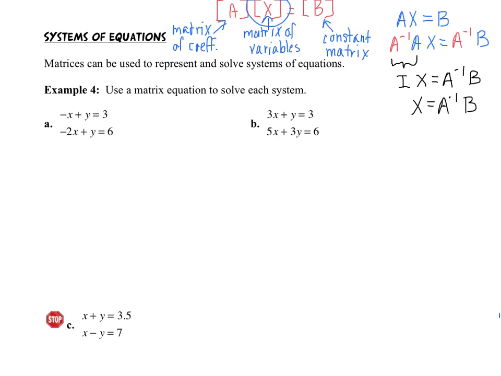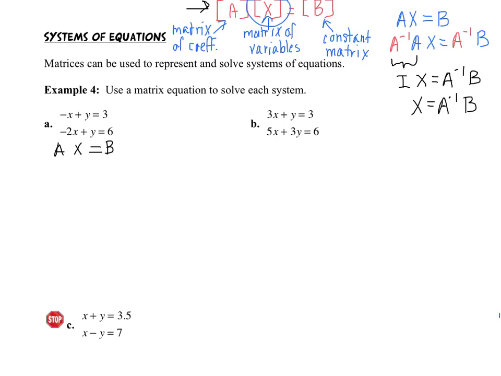So now I'm going to show you how this applies to systems of equations. So let's take this first one. We are going to write a matrix equation. It's going to be this. However, I'm going to have numbers and variables in there. So again, matrix A is AX equals B. So I'm going to take this system and write it as a matrix equation.